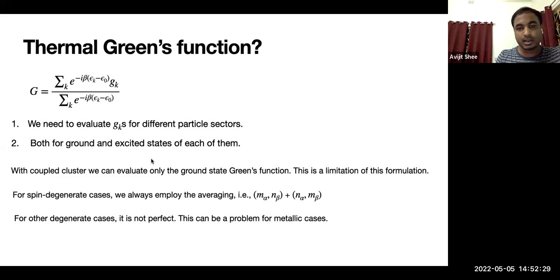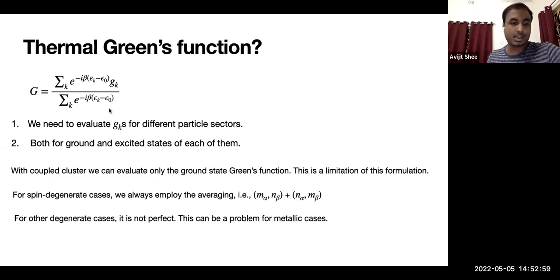With coupled cluster, one caveat is that one can evaluate the ground state Green's function, but the excited state Green's function for a particle sector is just not possible to evaluate. So that's a limitation of the formulation. Therefore, this definition of the thermal Green's function is very hard to evaluate with the current formulation.